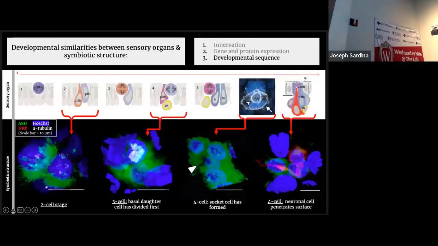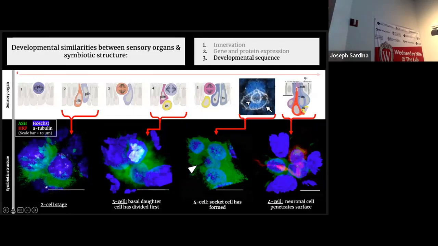The third and final developmental similarity between the sensory organ and the symbiotic structure is the general developmental sequence. What I'm showing on top, obviously a diagram, is the typical sensory organ developmental sequence.